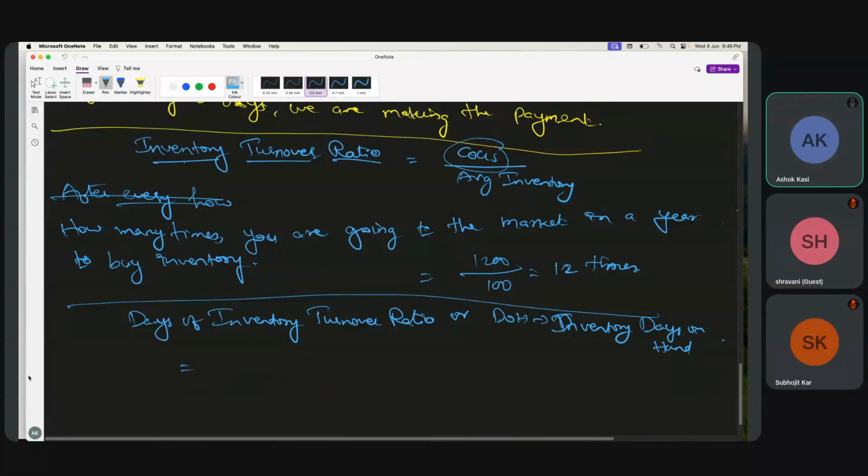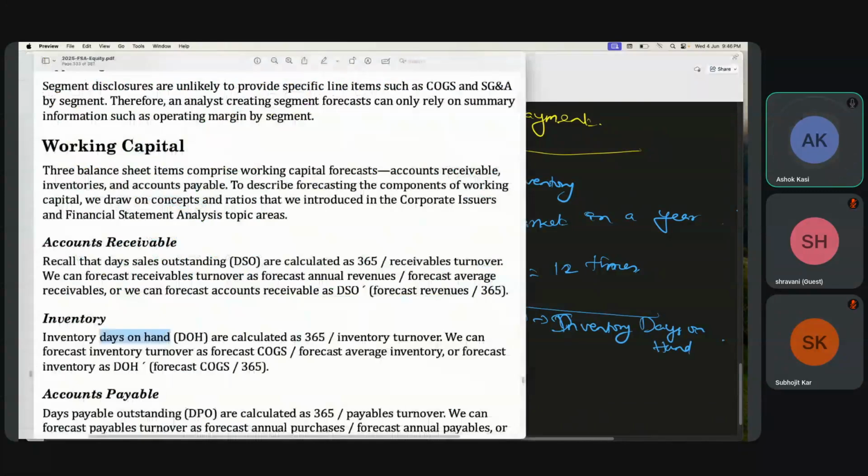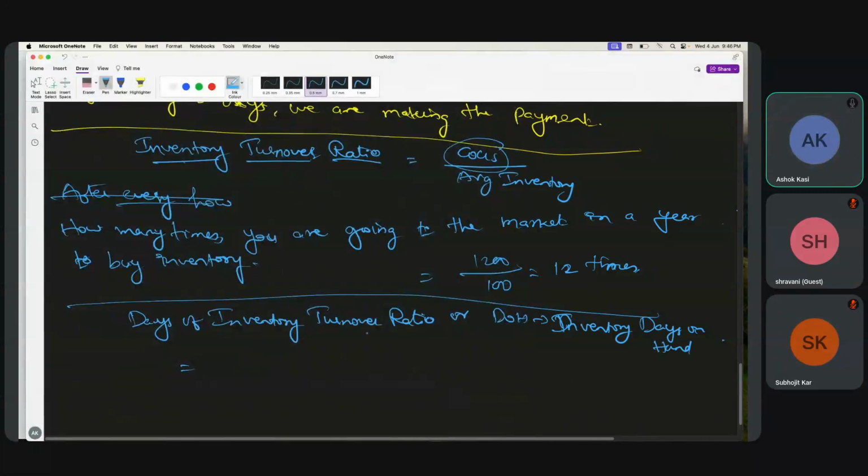Here the formula is 365 divided by inventory turnover ratio. 365 divided by inventory turnover ratio, which is 12.